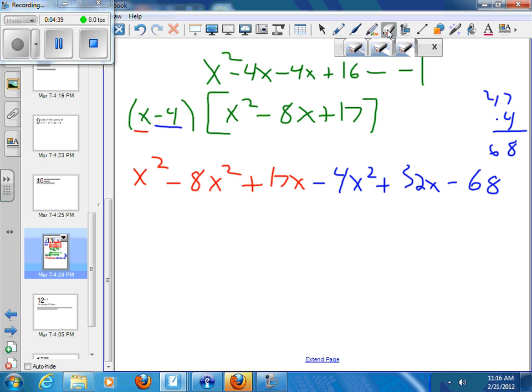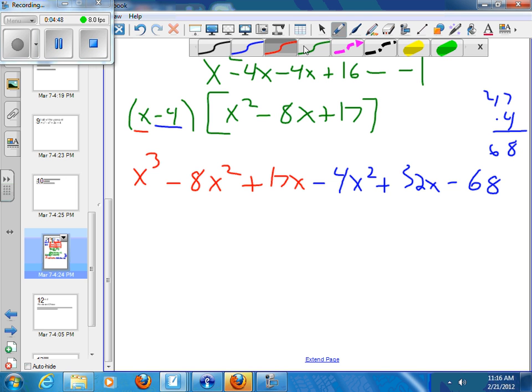And I've made a mistake. Let me fix that mistake. That should be a cube, because x times x squared is x cubed. There we go. So now I'm ready to put it all back together.